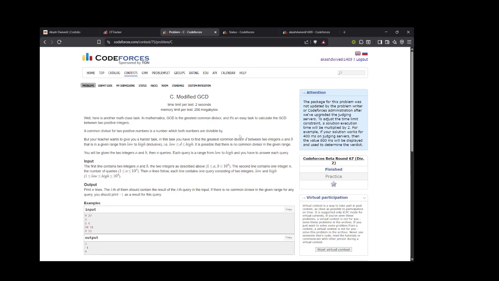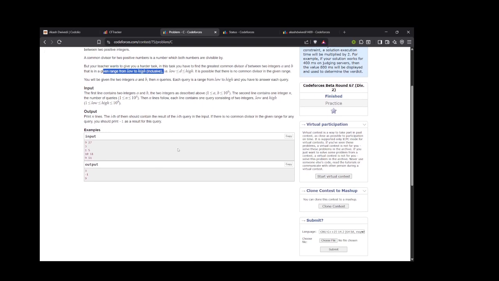You have to find the greatest common divisor of A and B, but you need to find that in the given range between low to high. And yes, that's the overall problem. So pretty simple to understand.